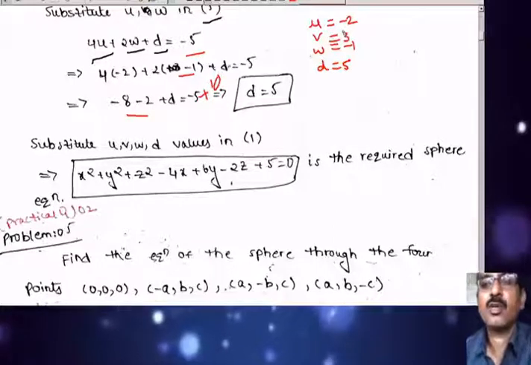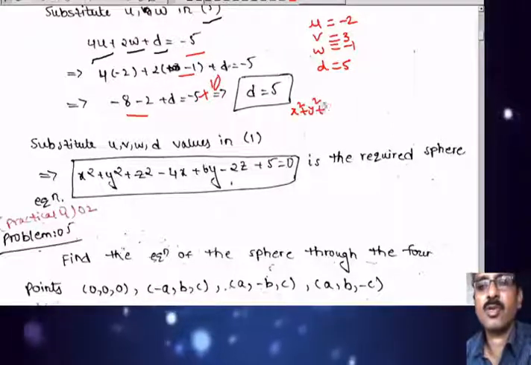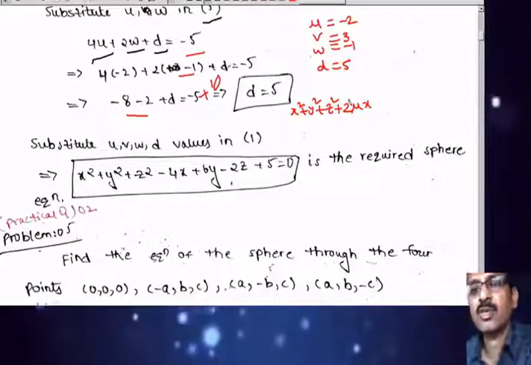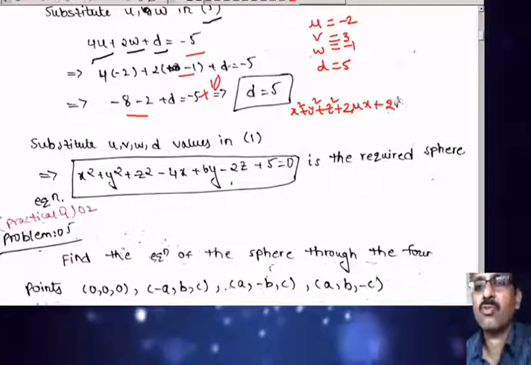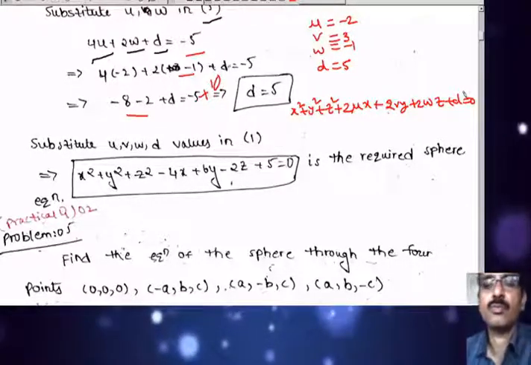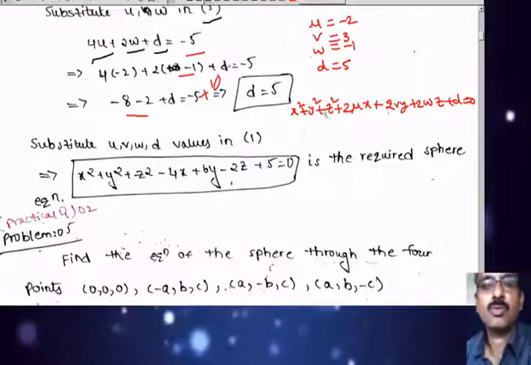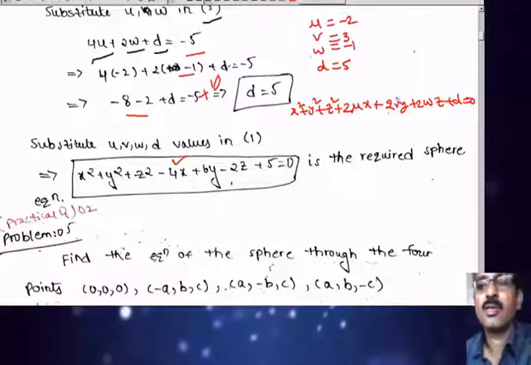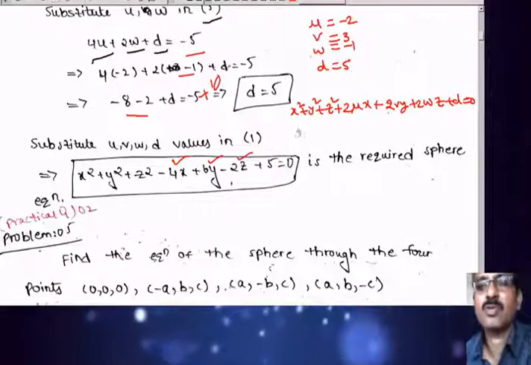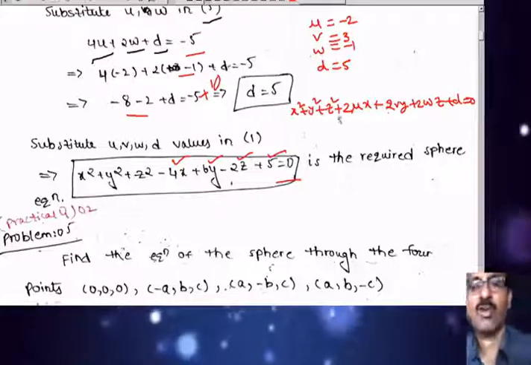Substituting these values in our sphere equation in general form, that is x square plus y square plus 2ux plus 2vy plus 2wz plus d equal to 0: x square plus y square plus z square, u is minus 2, so minus 4x, v is 3, 6y, w is minus 1, minus 2z, d is 5 equal to 0, which is the equation of the required sphere.